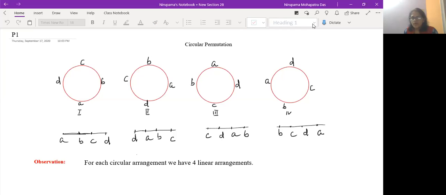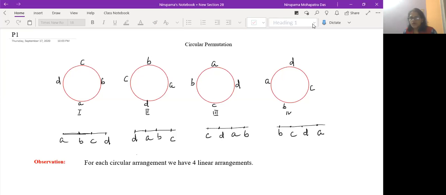In all the four figures, what is the common observation? The common observation is that we are shifting the objects by one place in the anti-clockwise direction. But if you look at the arrangement, after A, B is sitting, after B, C is sitting, after C, D is sitting.